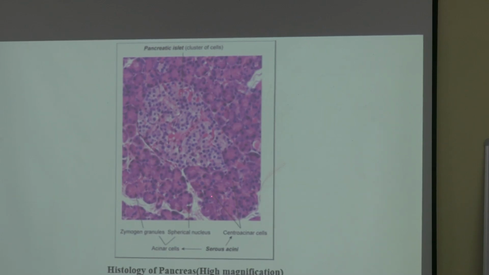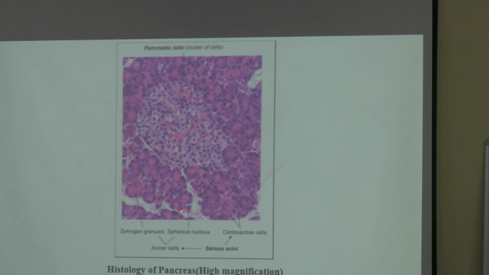Next, if you focus on any of the pancreatic acini, at the center you can see the centroacinar cells. Then you can see the zymogen granules. If you see the basal part of the cell, you can see it is purple in color. That is basal basophilia. The apical part is eosinophilic, with a granular appearance.